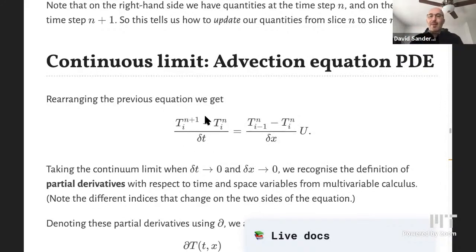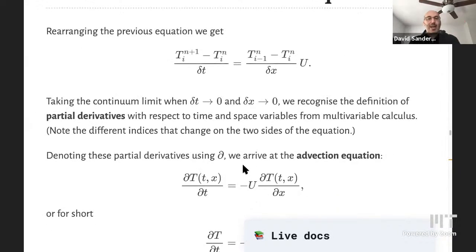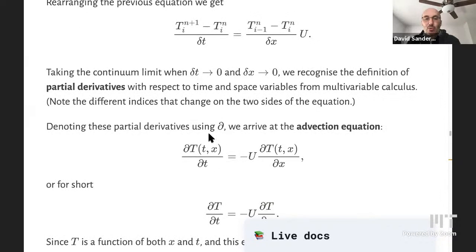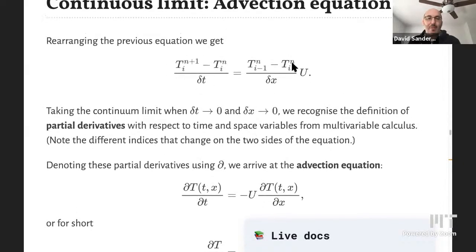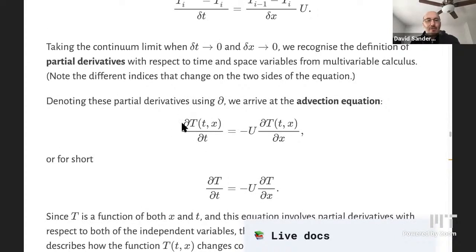And then when we take the limits as delta t and delta x go to 0 in a particular way, we get a derivative, right? This looks like a derivative in time, and this looks like a derivative in space. We're going to write those with this curly d symbol, which is a partial derivative: the derivative only when you change time, and the derivative only when you change space, of this function capital T that depends on these two variables.